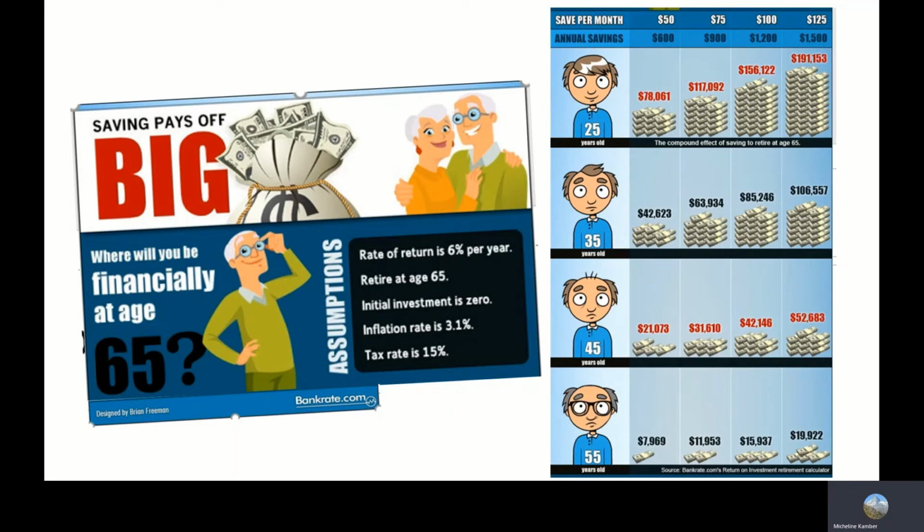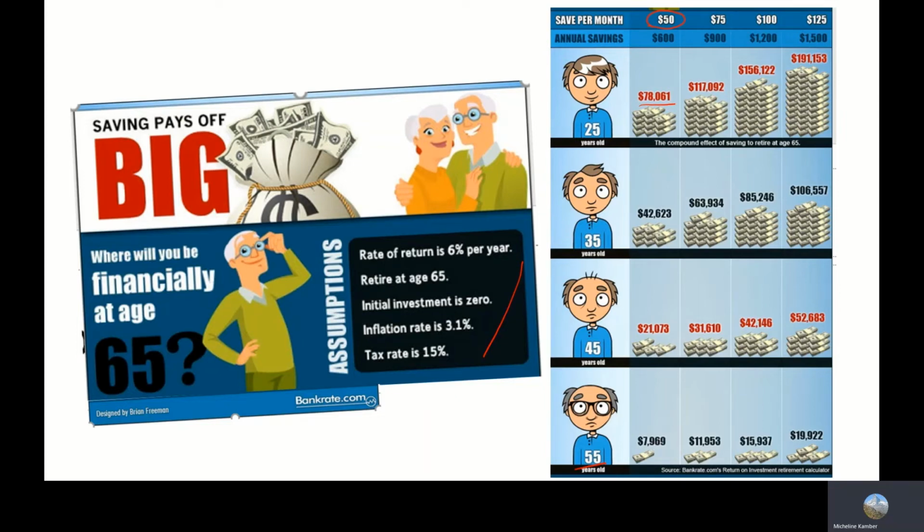The best thing you can do is to start saving early. As an example here, suppose you're saving $50 a month and you start at age 25. Well, under certain terms here, you'll end up with $78,000. Whereas if you start at age 55, you only get not even $8,000.